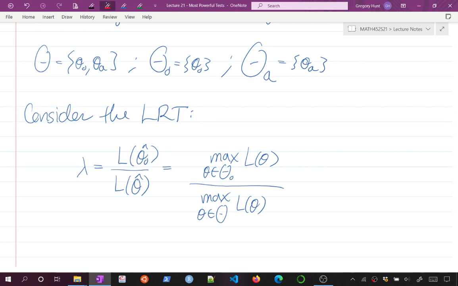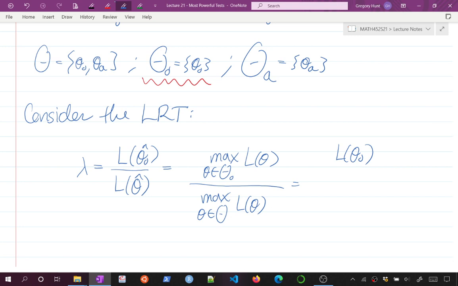Now, if we go back to our definition here, capital theta naught just has one value. So the maximum value is just that one value, right? So our numerator is always L of theta naught, because there's only one value in my null hypothesis. And the denominator could take on one of two values.